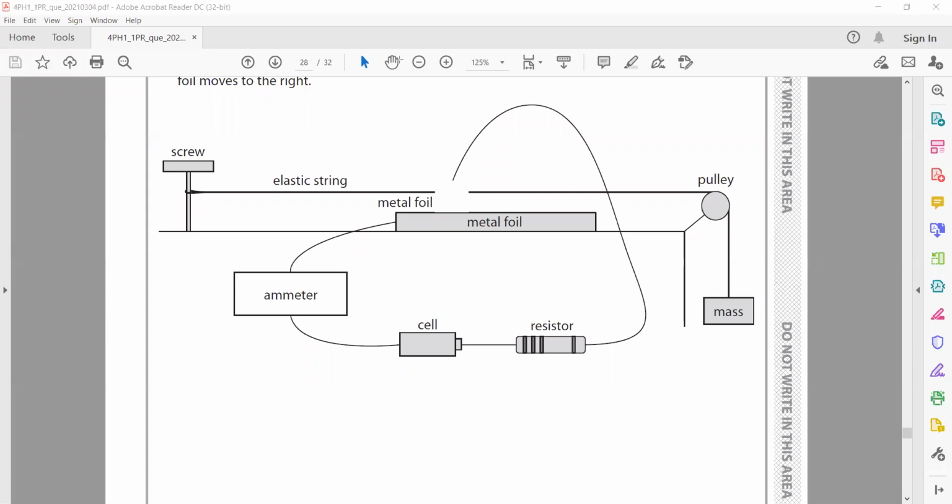As it moves more towards the right hand side, charges have to flow through a longer length. If they have to flow through a longer length, resistance and length are directly proportional, so resistance will increase.